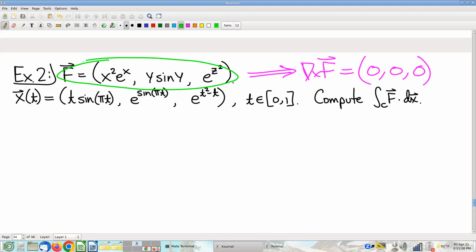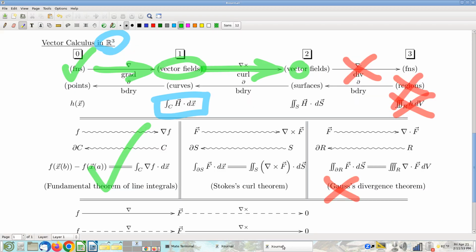I would need to find an x anti-partial of x squared e to the x. That's 2 integration by parts. Nobody wants to do that. Y anti-partial of this? Well, it could be worse. It's still an integration by parts. But then a z anti-partial of that, we can't even do that. So, yes, there is an anti-gradient, but it's extremely inconvenient. And so even though technically, yes, the fundamental theorem of line integrals is on the table, I'm not happy about what I would have to do to get there. Everybody see?